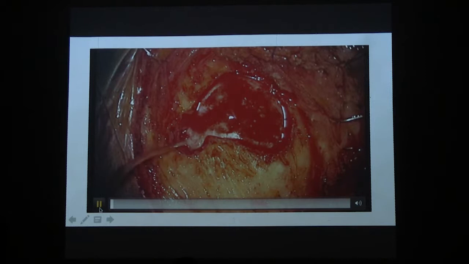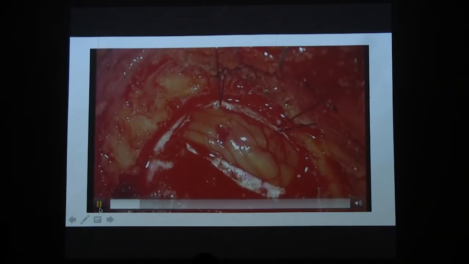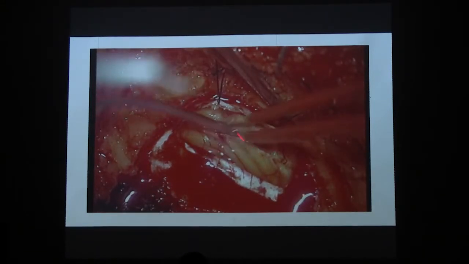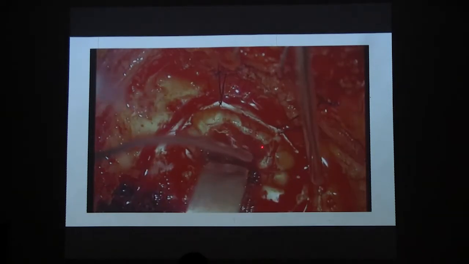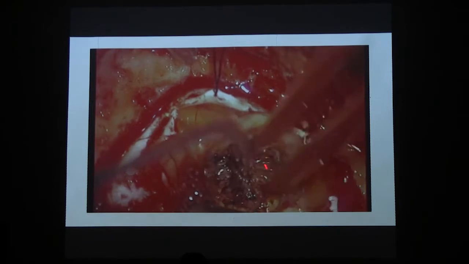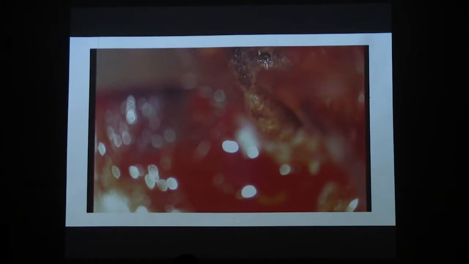After we open the skin, we make a small craniotomy, as you can see. At the beginning, we will see that the cerebellum is tight, but don't worry. Once we get into the blood clot, the blood lyses, and then we can decompress it. We continue to separate between the cavernoma and the cerebellum, making sure that we get everything out.